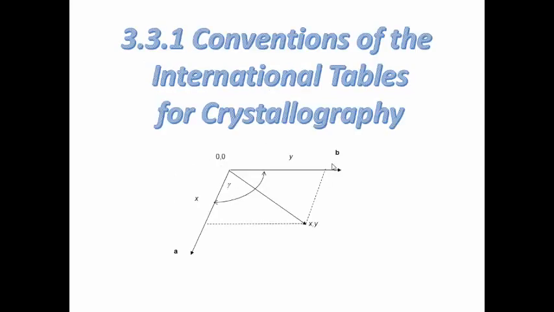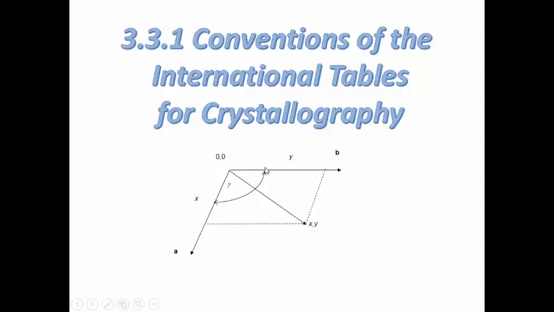Now let's look at a convention that we're going to need for the international tables for crystallography. We will be using that in chapter 4 and for the rest of the book afterwards, but we're getting ready for the tables. And the convention for the tables is, if you start up here in the upper left-hand corner with the origin, and if you extend a horizontal line going from left to right, that becomes the y-axis, which is the positive y-axis, goes from left to right.